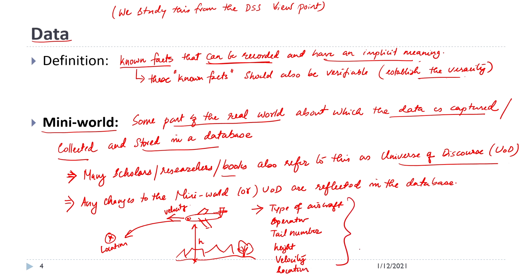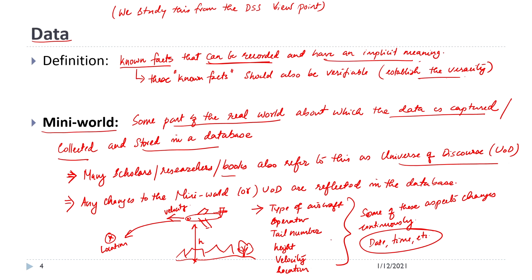If you capture this much, the thing is this will keep on changing. Every time the aircraft moves from one place to another, some of these aspects change continuously. So, what do you have to do? You may have to take a date, time, etc. You also need to capture these so that each of height, velocity, location, etc., even though some may be relatively constant, whatever is changing, you are able to capture it.